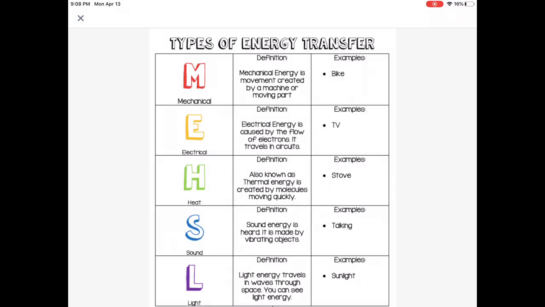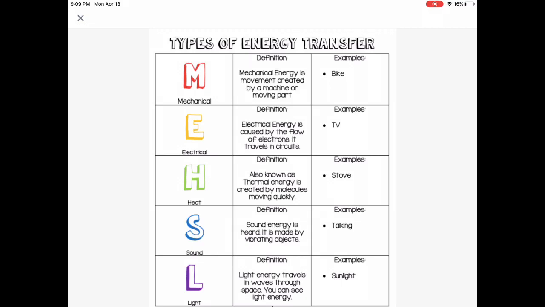So my example for you is a bike. So thinking about that, what are some other things that you can think of that would be a mechanical energy? So my goal for you is to come up with at least 2 examples for each type. Okay, so if you do 2 examples of each type, you will earn a badge.